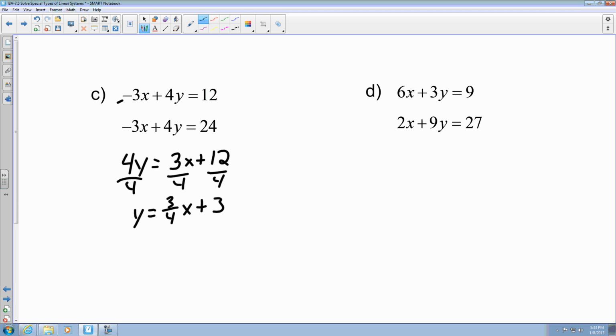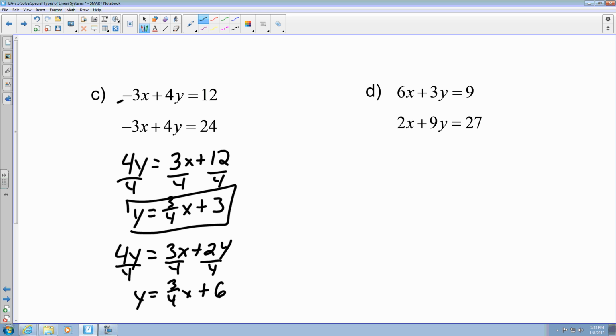The second equation, I'm going to add 3x to both sides, gives me 4y equals 3x plus 24. Divide everything by 4, so I got y equals 3/4 x plus 6. So here's the first equation, and here's the second equation.